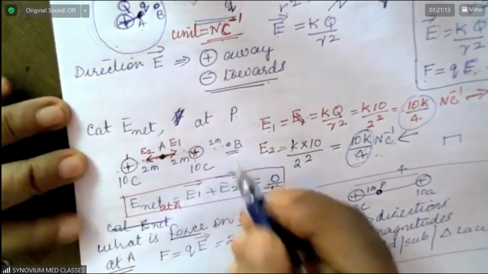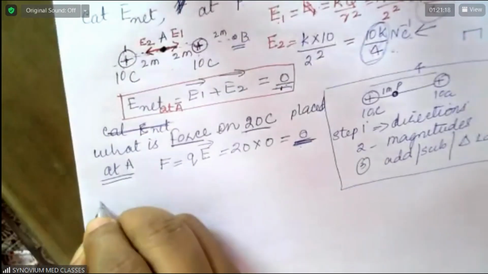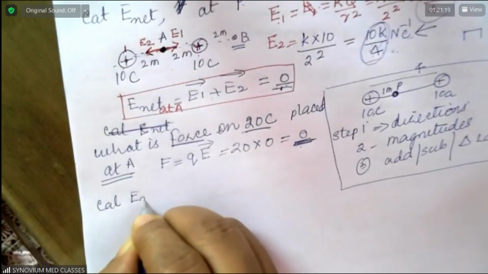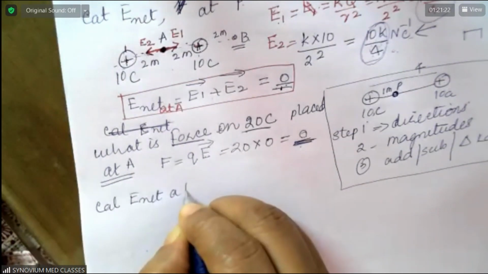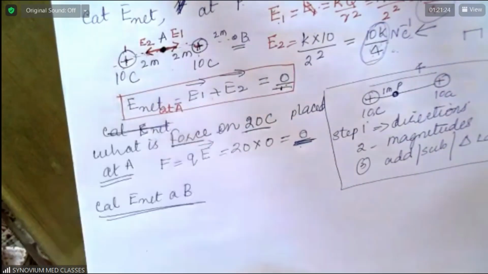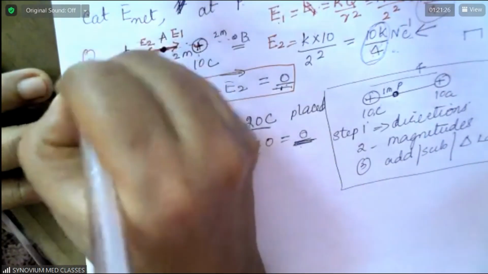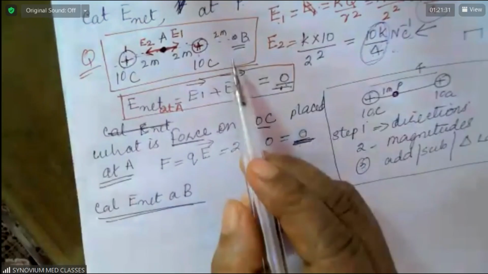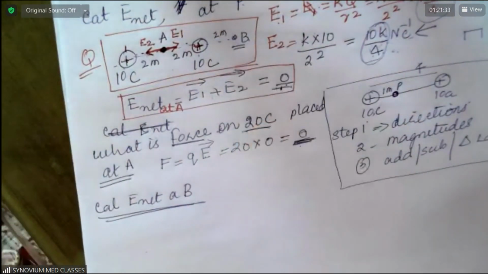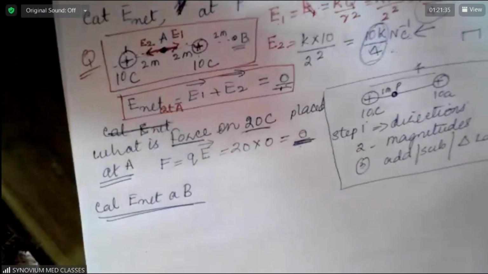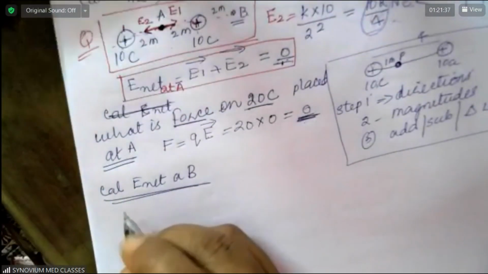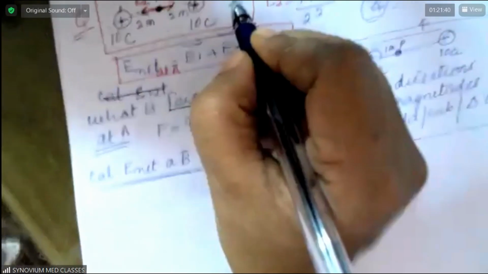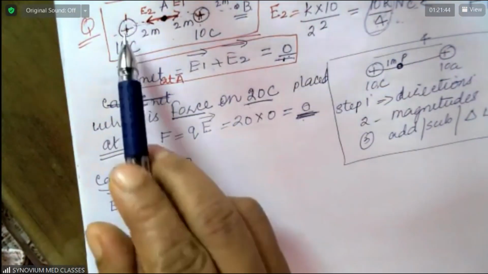Now let's find at B. Calculate the electric field net at B. This is the question. What is the electric field net at B? So in this one, again, you find the direction. Electric field 1, which is due to the first charge.